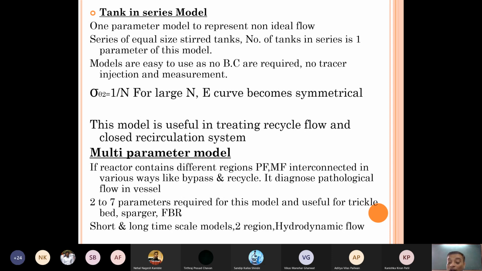In this we require more parameters to explain this model. For example, we require bubble size, superficial velocity of the bubble, catalyst size, liquid density, liquid properties. So the number of parameters we require to explain this model, and that's why this model is known as multi-parameter model. You are getting or not?